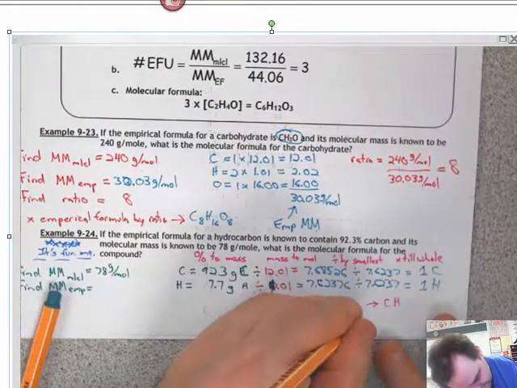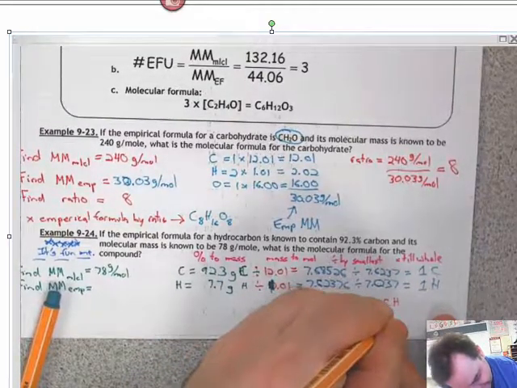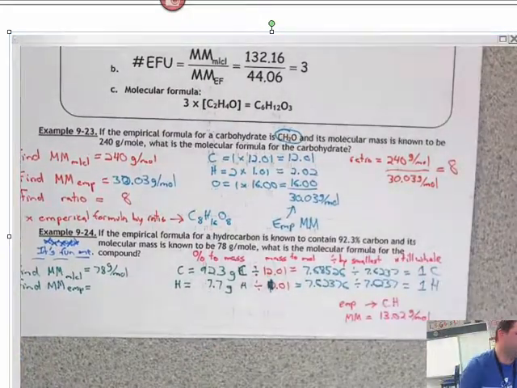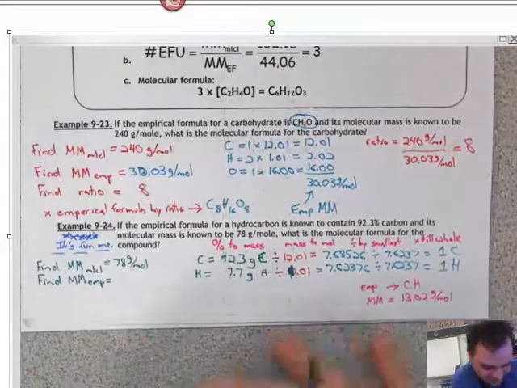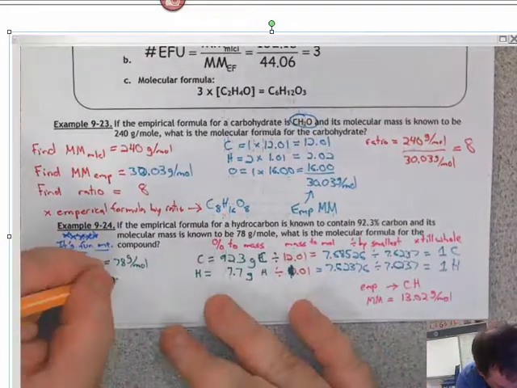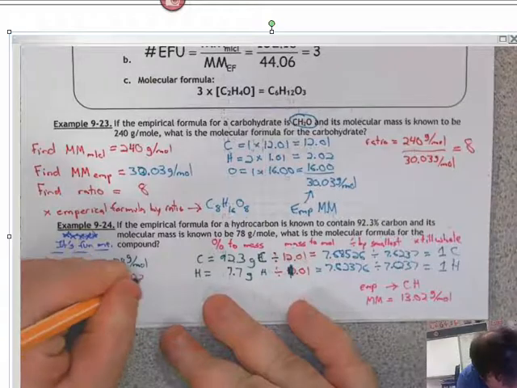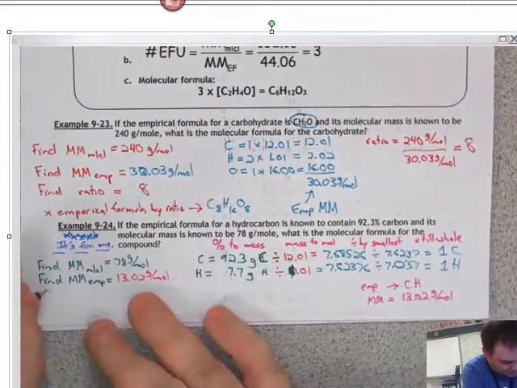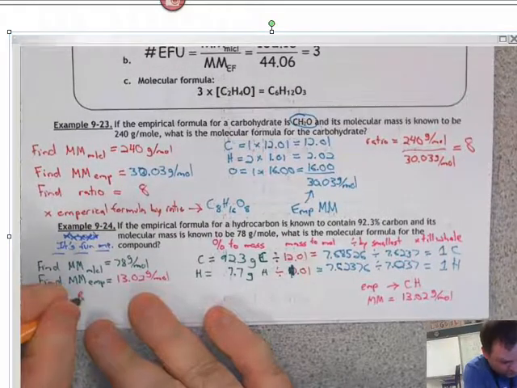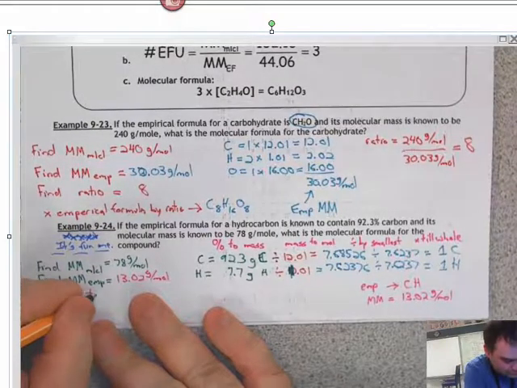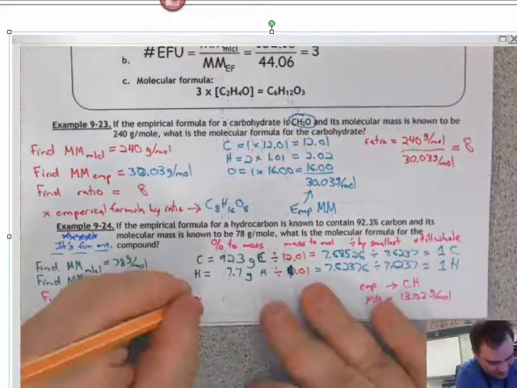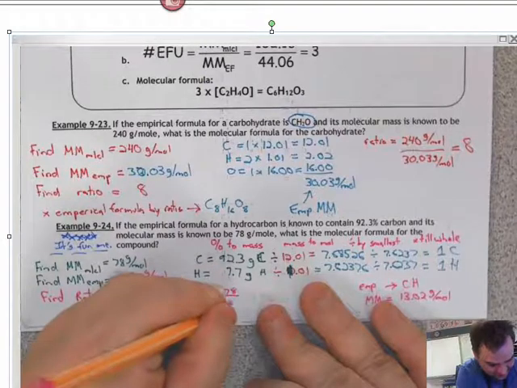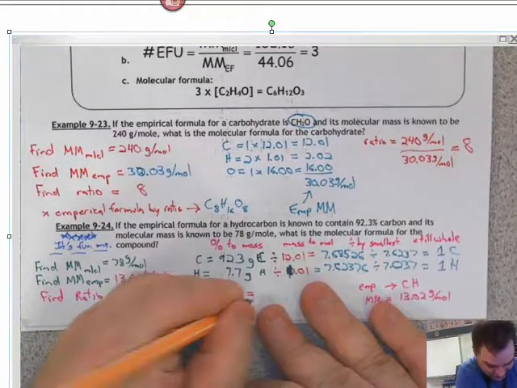Molar mass of empirical would be 12.01 plus 1.01, so this is 13.02 grams per mole. Okay, next thing we're going to do is find the ratio. Ratio equals 78 divided by 13.02, which is 6.